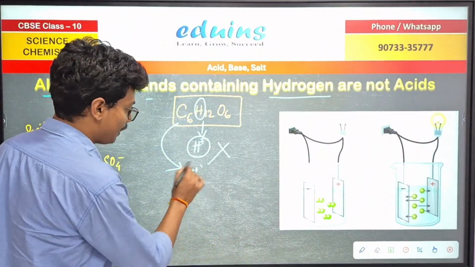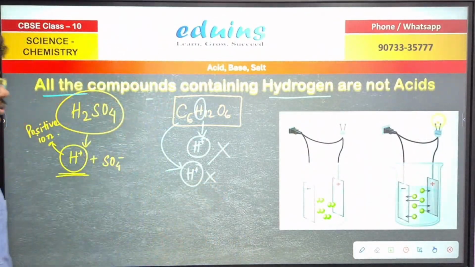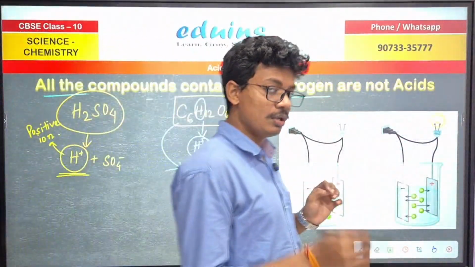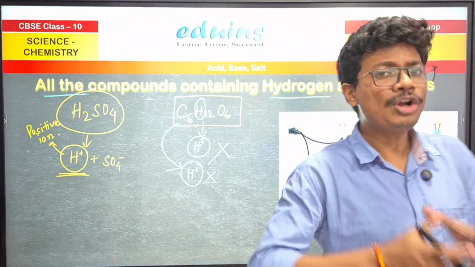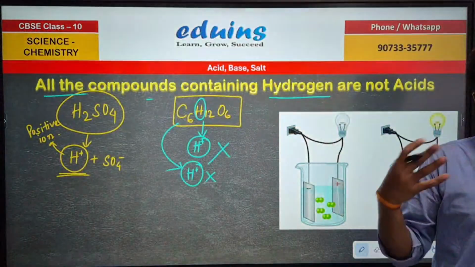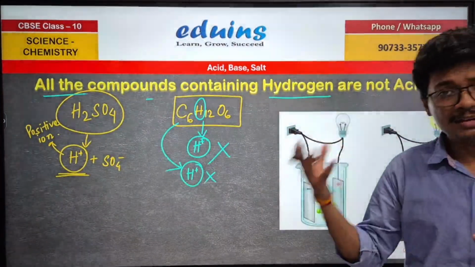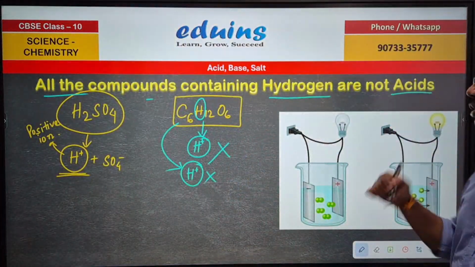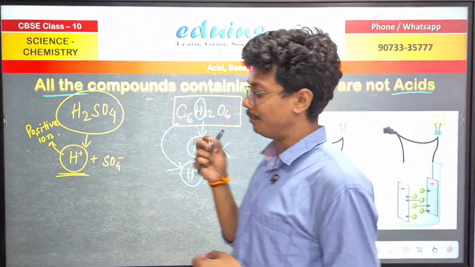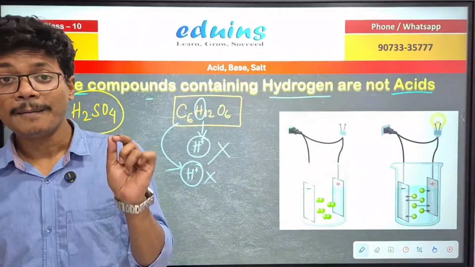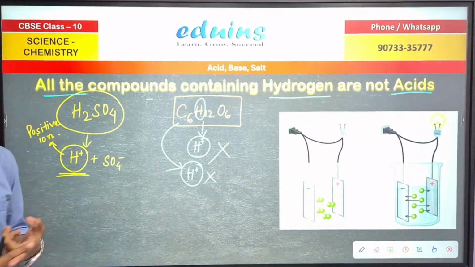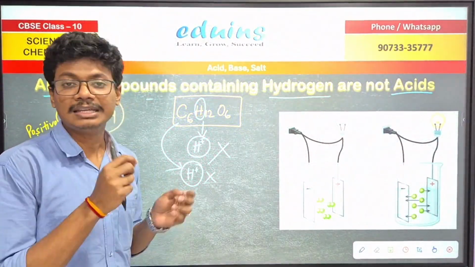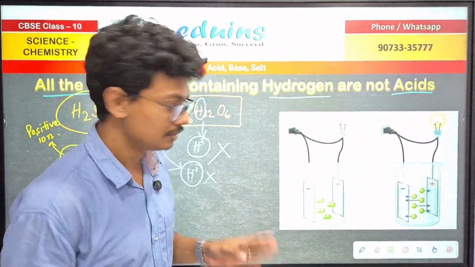Compounds that contain hydrogen but cannot release hydrogen ions or break down in the aqueous solution in ionic form are not considered acids. So acids must contain hydrogen, and the special feature of an acid is that it can release hydrogen ions in the aqueous solution. Is it clear?